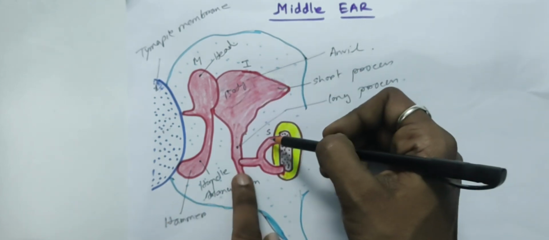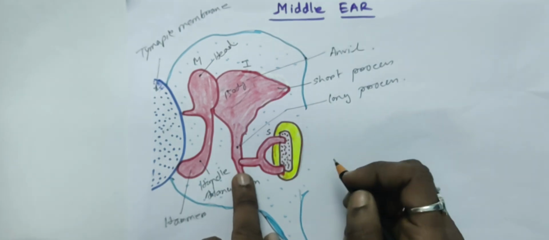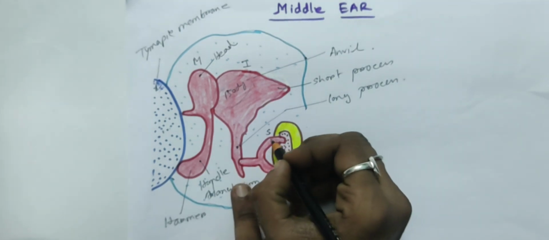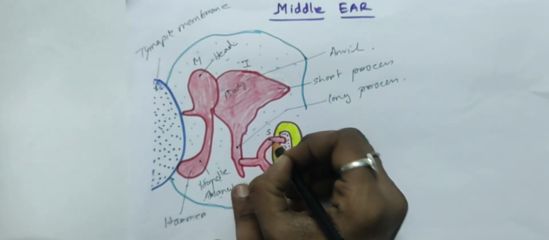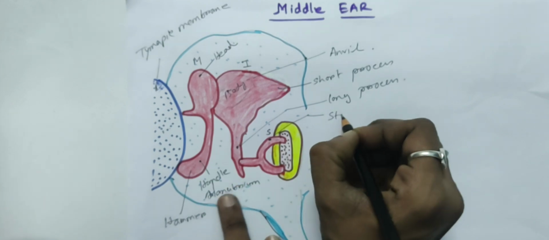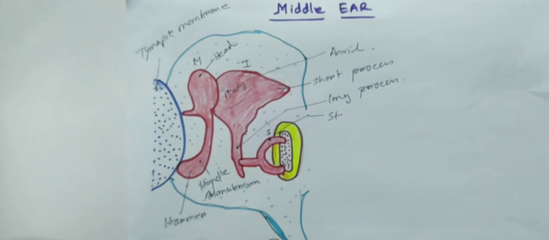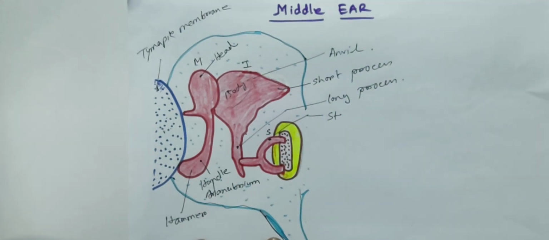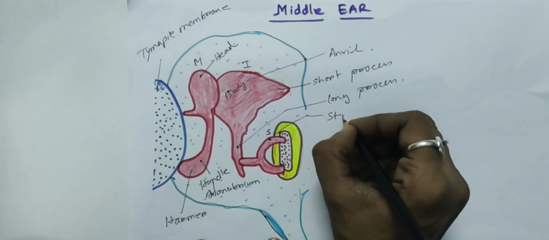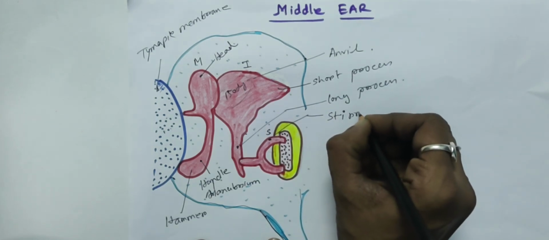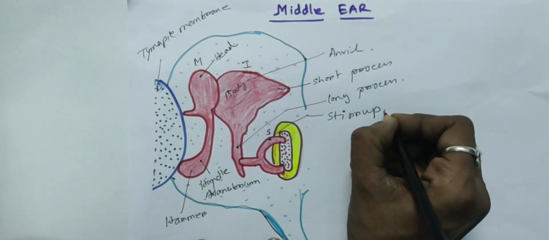Now there is the stapes. Stapes is also called the stirrup.